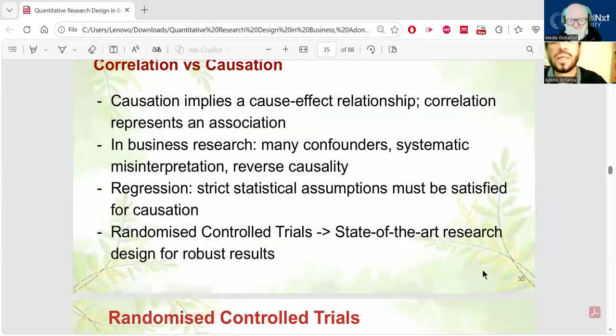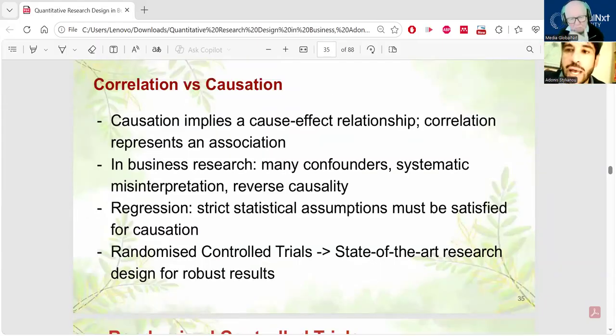I mentioned already the difference between correlation and causation. Obviously, the most important for me is to remember that we cannot easily control confounders.